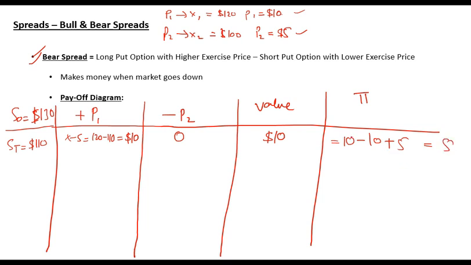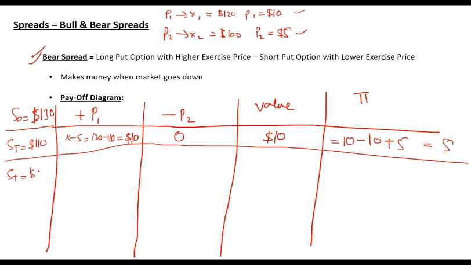Any problem? If the stock price goes to, for example, $95, what is the benefit? Or let's first do $100. If it goes to $100, what is the benefit from the first put option? $20. What is the benefit from the second?